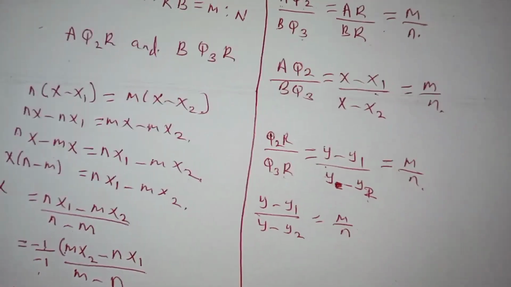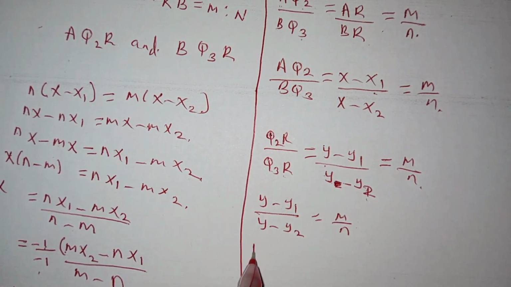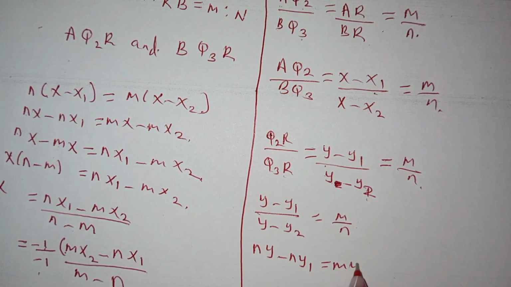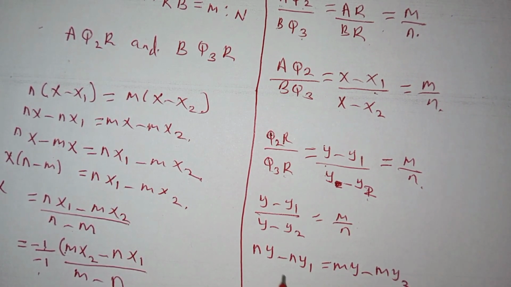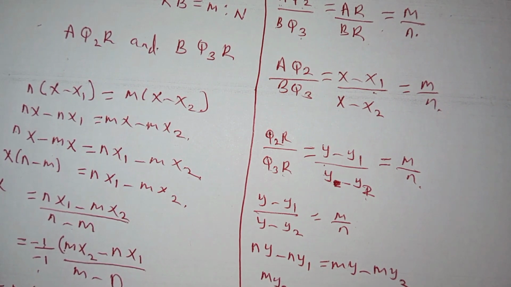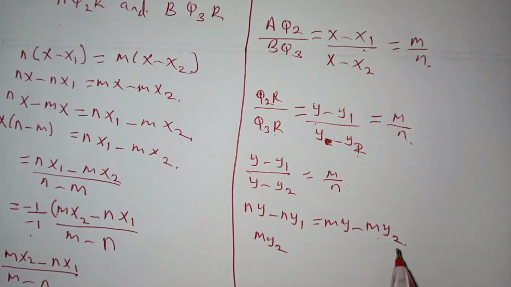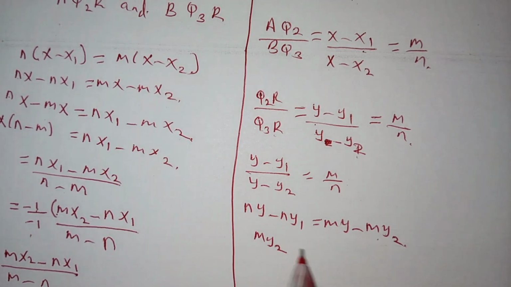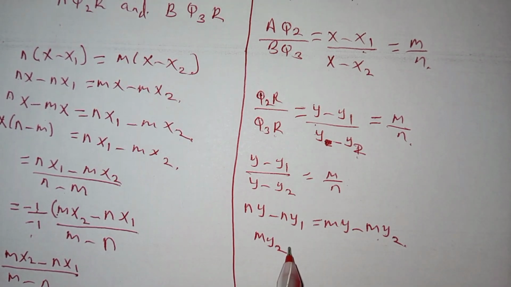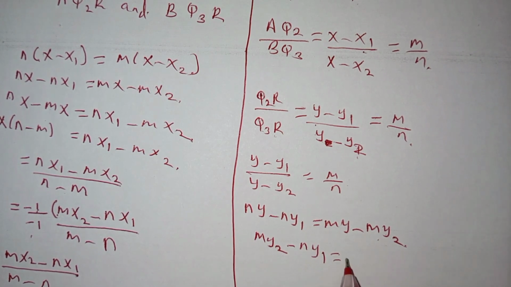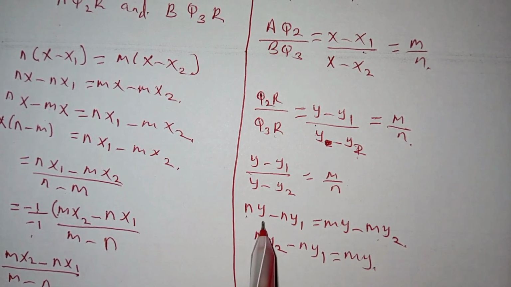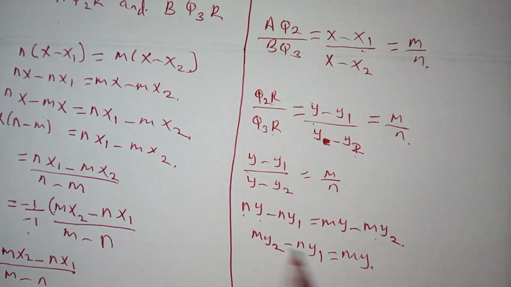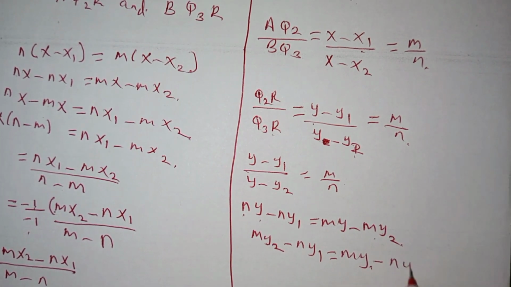Cross multiplying, we shall have ny minus ny1 is equal to my minus my2, meaning that my2, taking this negative to the left, will become positive, minus ny1 is equal to my, taking ny to the right will become negative ny.